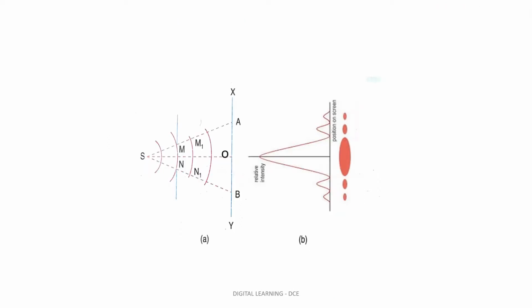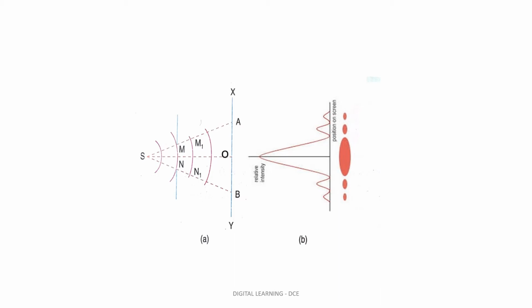Here we have an intensity distribution graph of a diffraction pattern. In the illuminated region between A and B, we have a central maxima at O. The intensity goes on decreasing as we move away from the illuminated region towards the shadow region. In the illuminated region, we are actually expecting a very bright side.